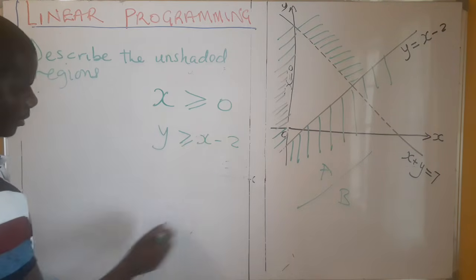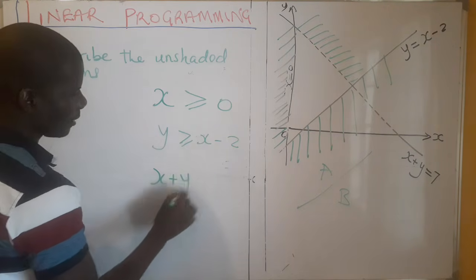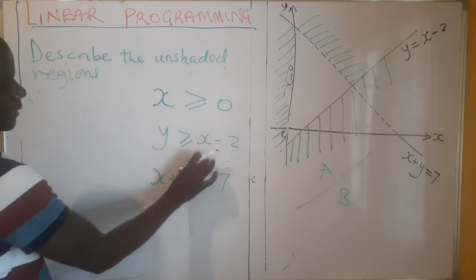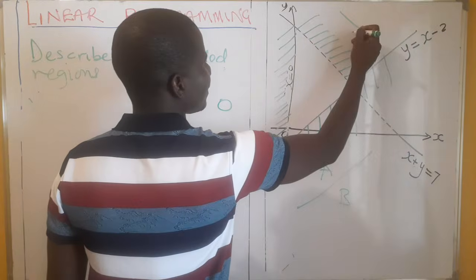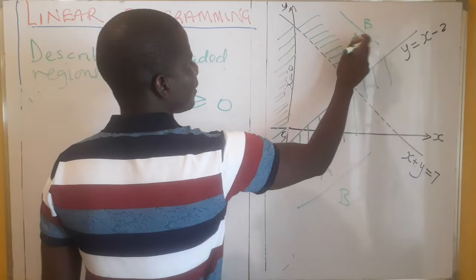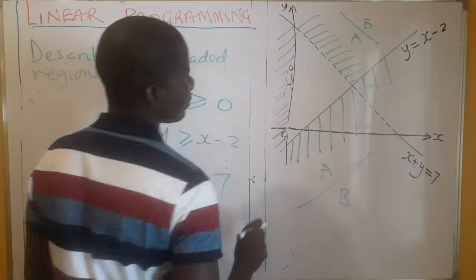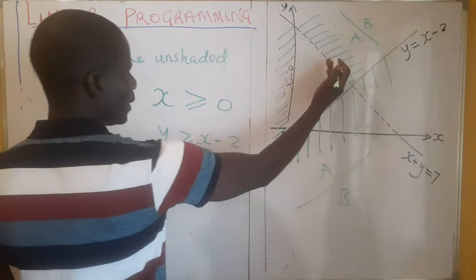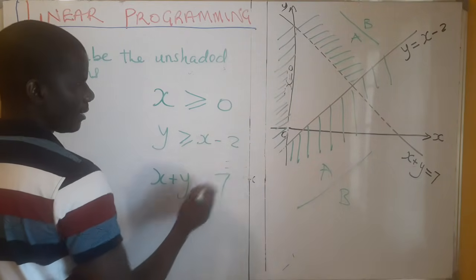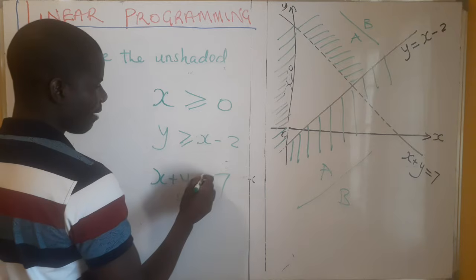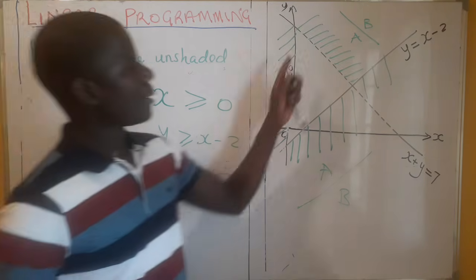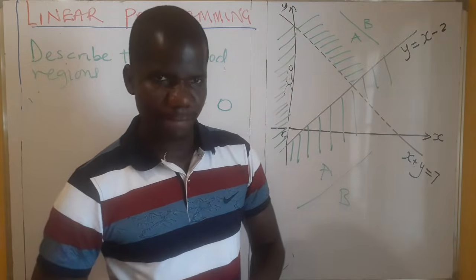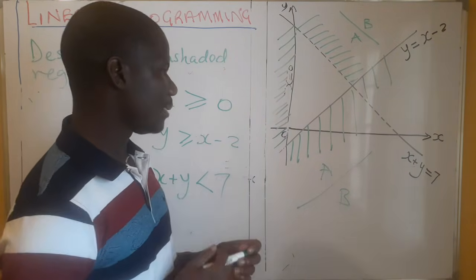Okay? Then the last one, we have x plus y, then 7. What symbol are we putting here? This is below. When you have the line below, this region is less. So we have less than just. We can't put equal because the line is dotted.